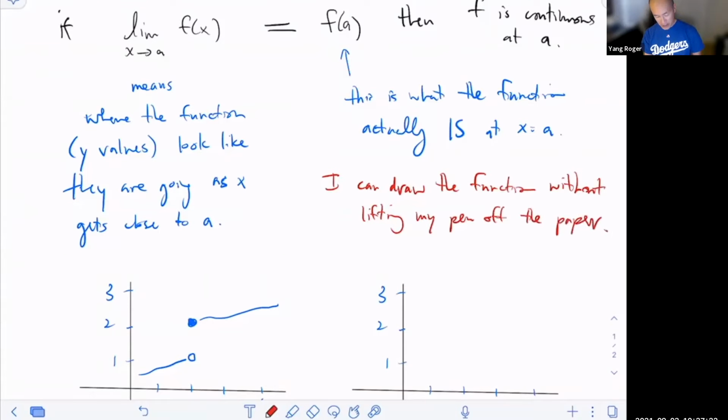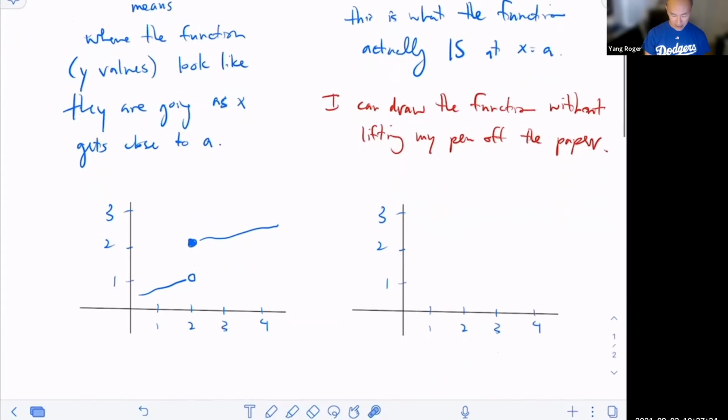Okay, so this is one way that you can think about being continuous, not just at a point, but like on an interval. So when you look over here, I can go to 2, but then when I get to 2, I have to lift my pen off the paper and then put it back down to continue drawing my graph.